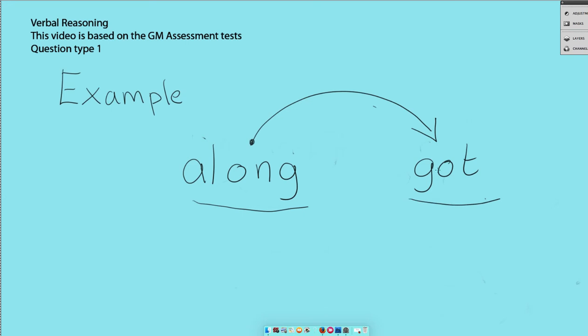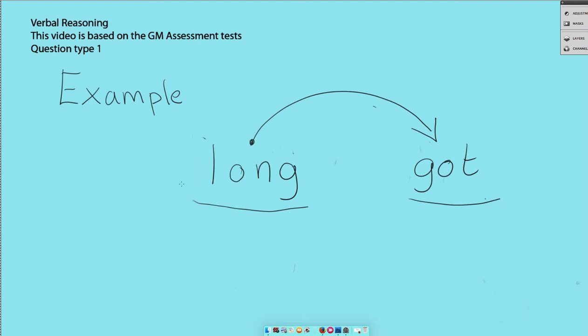What could we move? Could we move the G? Well, we would have alon. Doesn't make sense. Could we move the N? We would have alog. Doesn't make sense. Could we move the O? Doesn't make sense. So we're looking for the one we can move and still make words.